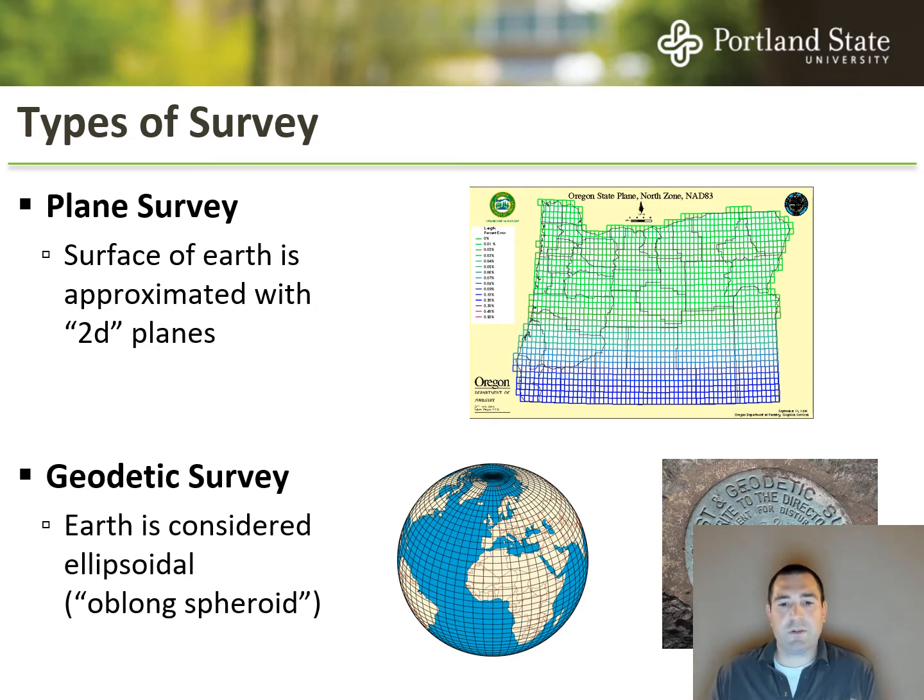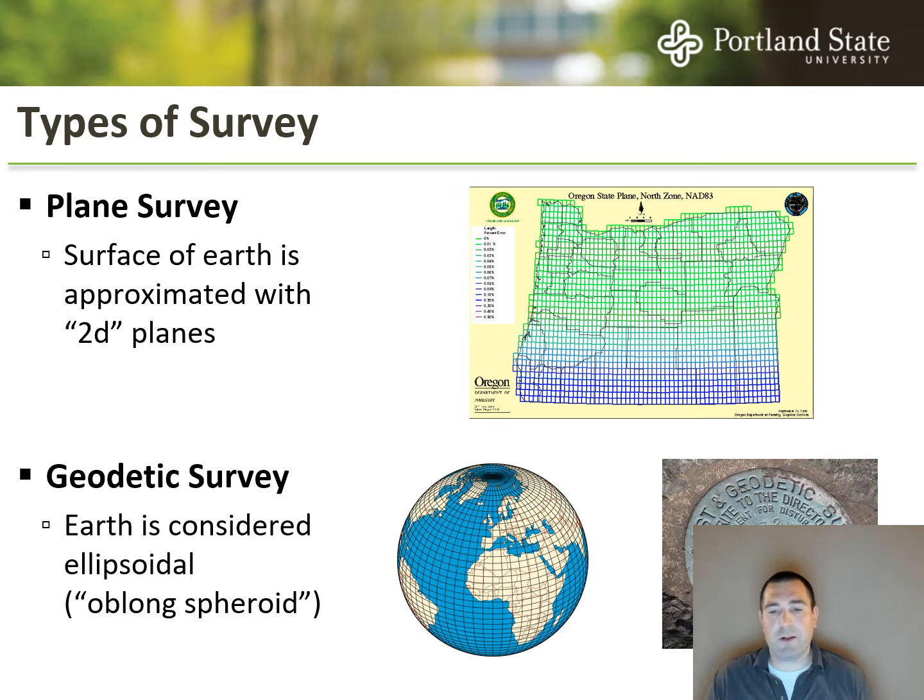And a geodetic survey takes into consideration that curved oblong spheroid shape of the Earth. And what you often see is that really big surveys with large distances in between usually take the geodetic survey approach, whereas smaller projects like buildings or even streets and some highways too often are using a state plane coordinate system.